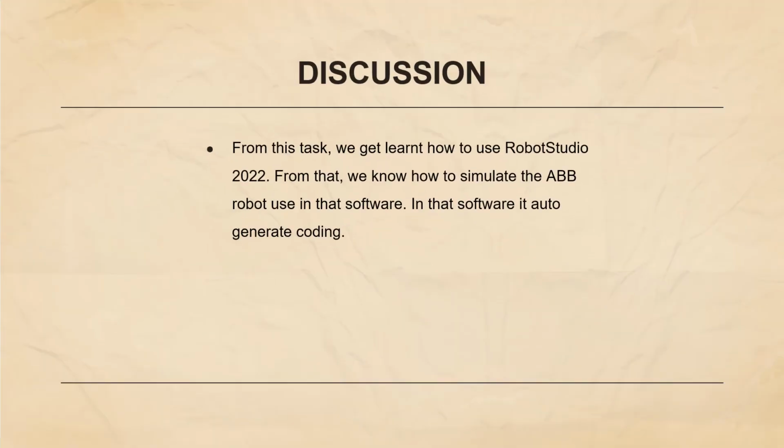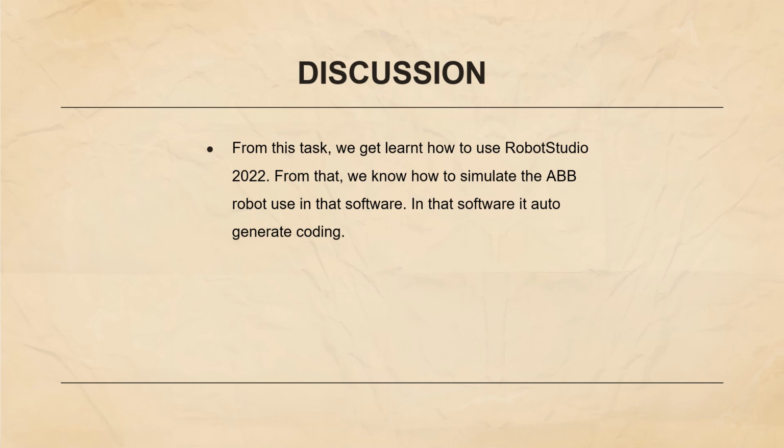Discussion. From the task, we can learn how to use Robot Studio 2022. From that, we know how to simulate the ABB robot in the software, and the software auto-generates the code.